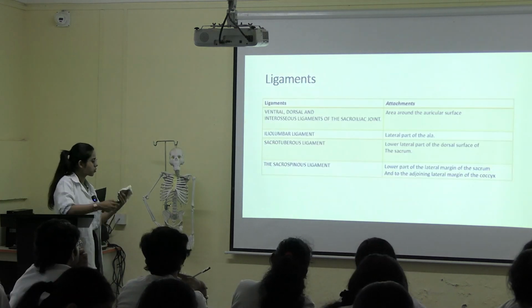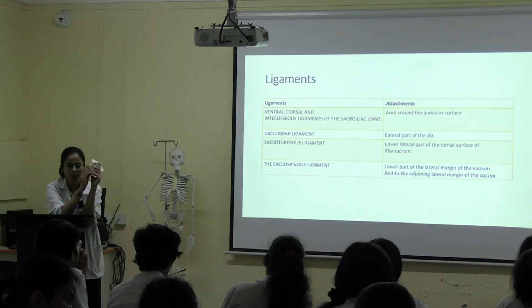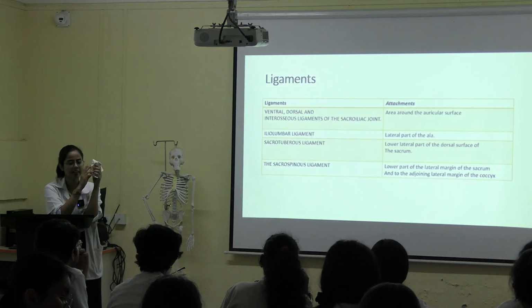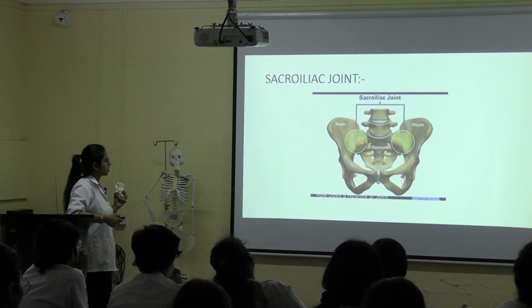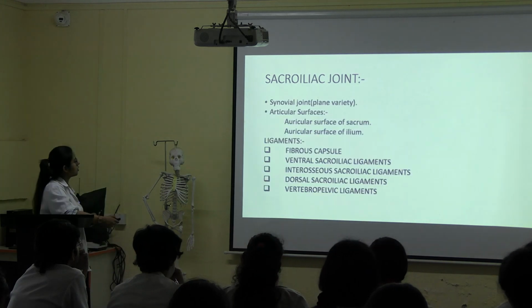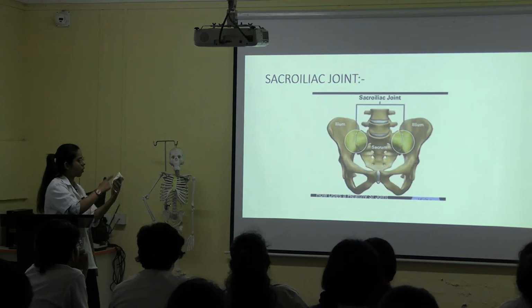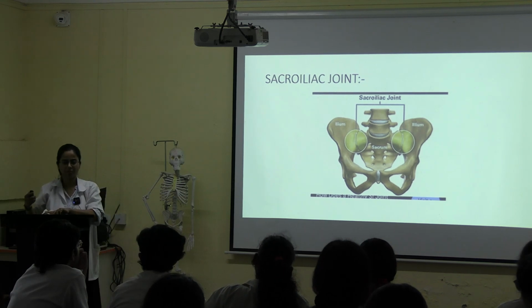Now the ligaments. Here it is articulating with the ilium, forming what joint? The sacroiliac joint, which is a synovial joint. This is the auricular surface of the sacrum, and it will articulate with the auricular surface of the ilium.